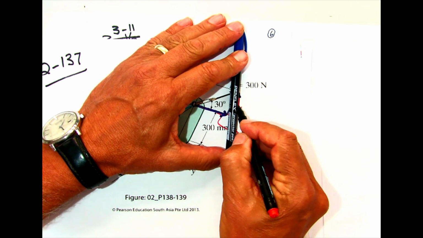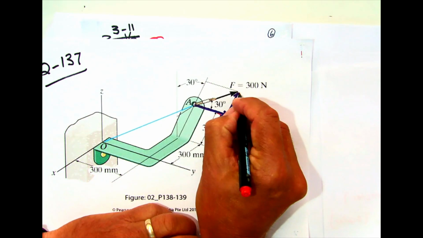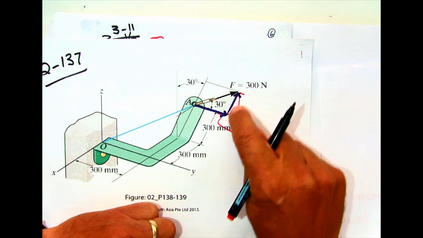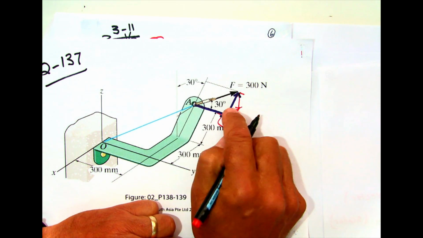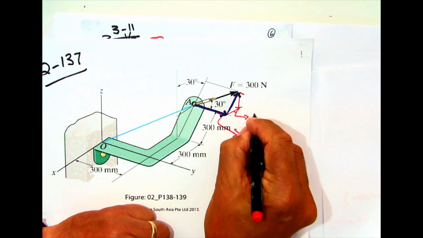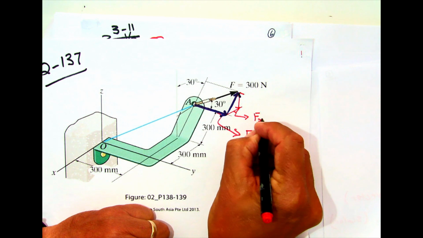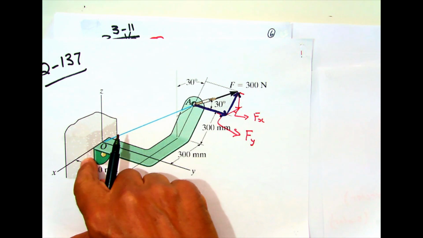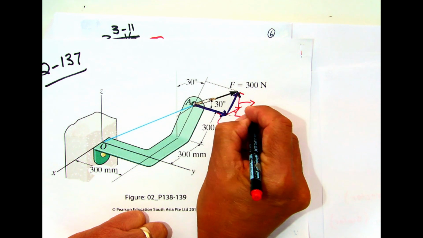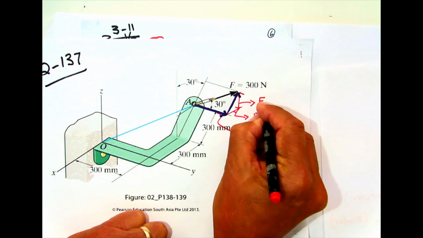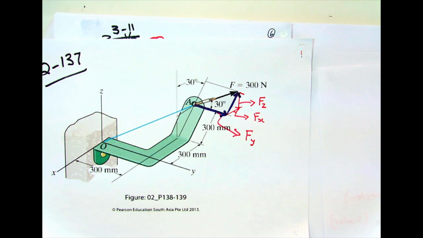So something like that. So that component of F, you can break up into these two components. And this component will be the x component of the force. Of course, it's parallel to the x-axis. And that one there is parallel to the z-axis. So that is your z component.